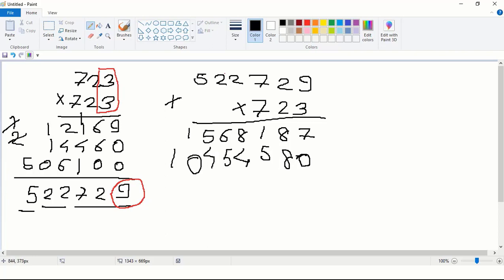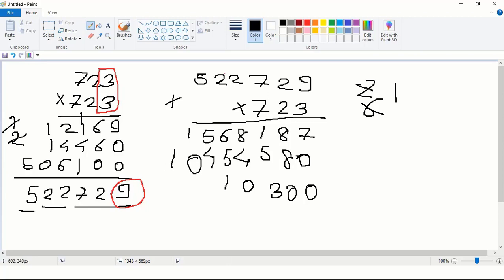Again here 0, 0. Now 7 into 9, 63. Now 7 into 2, 14, 14 plus 6, 20. 7 into 7, 49, 49 plus 2, 51.